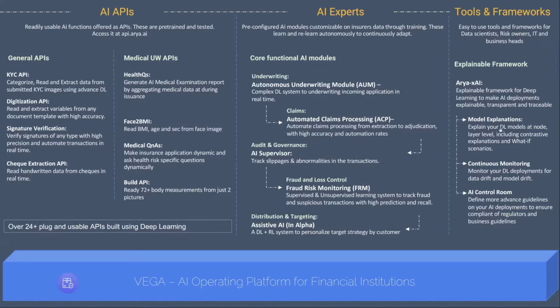And third is explainability. As it is a fundamental requirement, we are offering our LOCO framework as an independent framework, but also along with our core products. So the intention is we want to achieve a stage where we can offer all business functions in financial services as plug and play API functions.